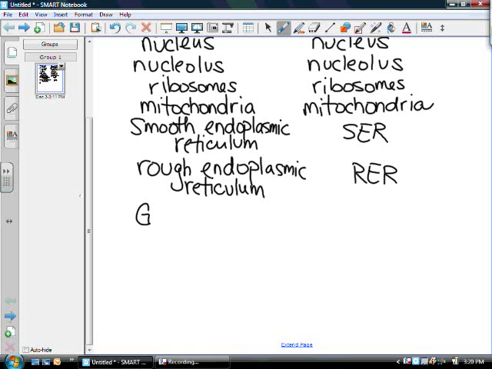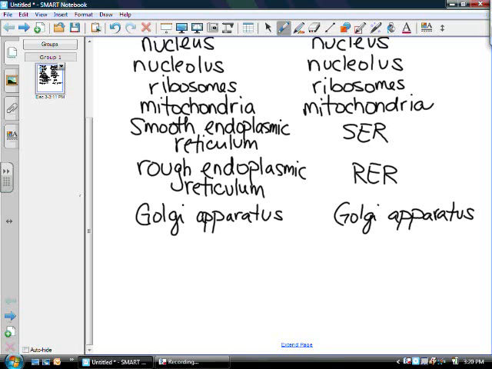You're also going to have a Golgi apparatus. The Golgi apparatus is kind of like a UPS or a post office. The Golgi apparatus has the job of packaging and distributing substances.